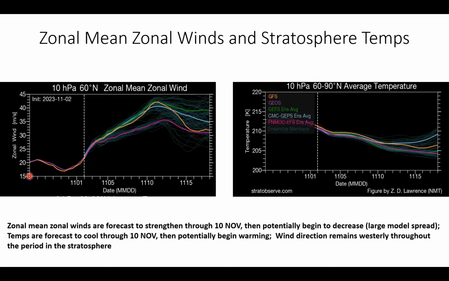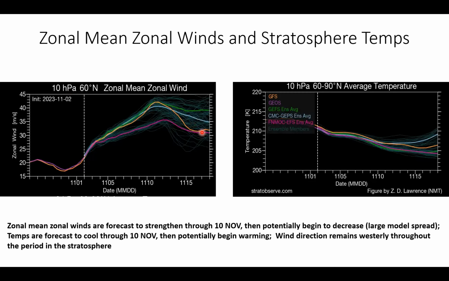You notice it ranges from 15 to 45 here on this vertical axis. So you see an upward trend, a positive slope to the overall expected wind speeds. Whenever you see stronger winds for the zonal mean zonal winds at this latitude and altitude, that's generally indicative of a strengthening polar vortex by the 10th of November.